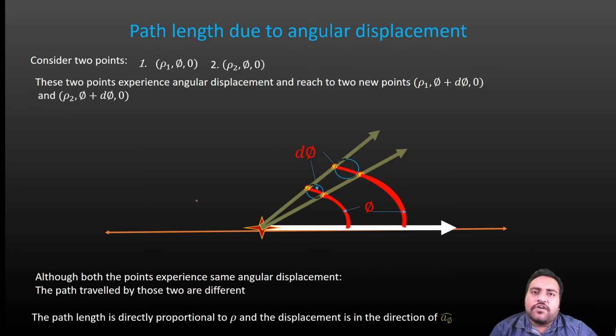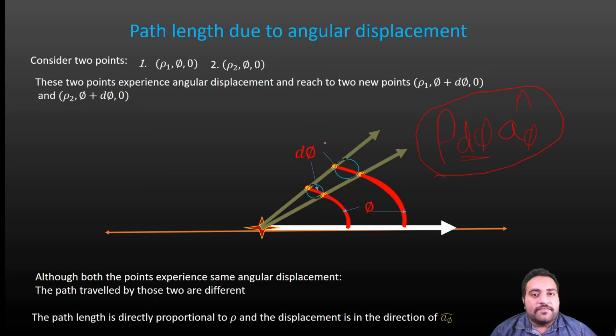For different values of rho, we have different displacements, or let us say different magnitudes of path length. Total path length would be rho d phi and along the direction of a phi cap. This is the displacement vector because of change in phi.